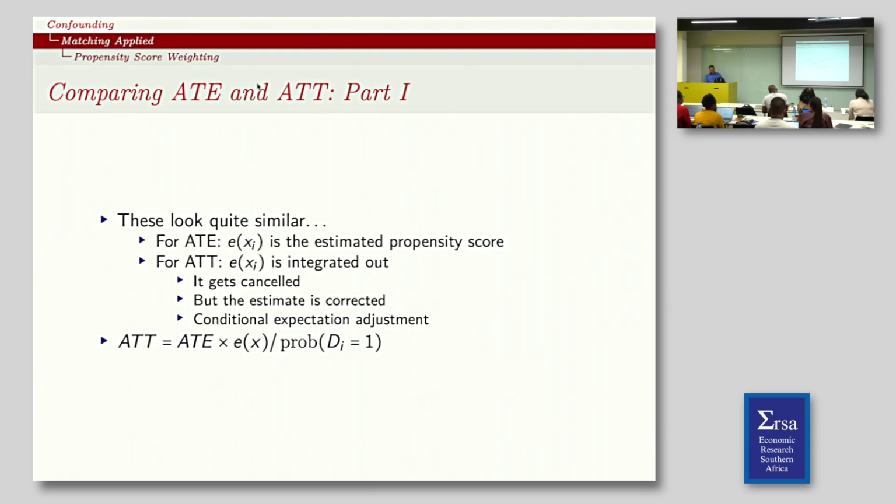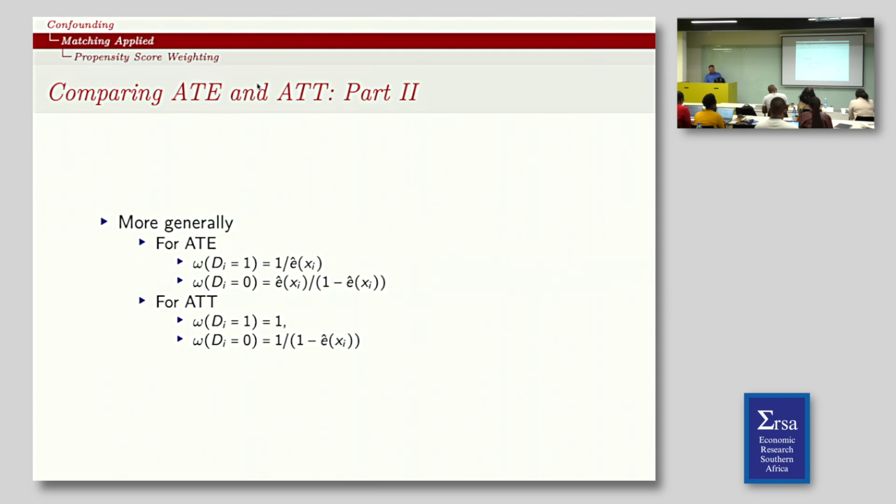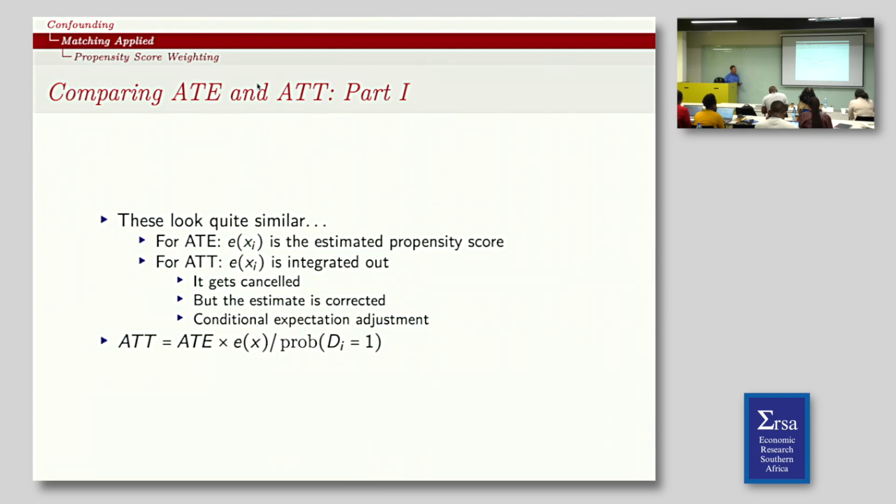I'll skip through the integration version of that. The only thing worth knowing is that the difference between the average treatment effect on the treated and the average treatment effect overall is that the average treatment on the treated has to be reweighted by the propensity score divided by the underlying probability of treatment in the data.